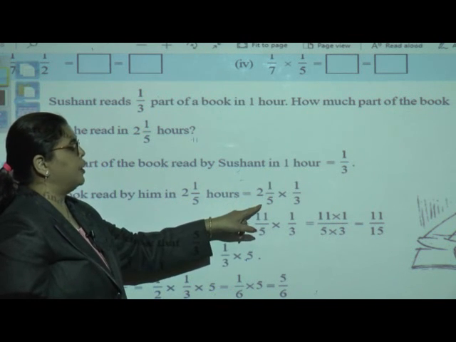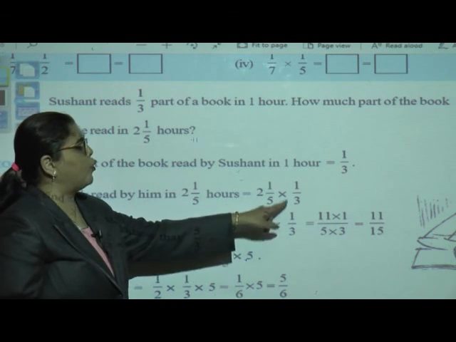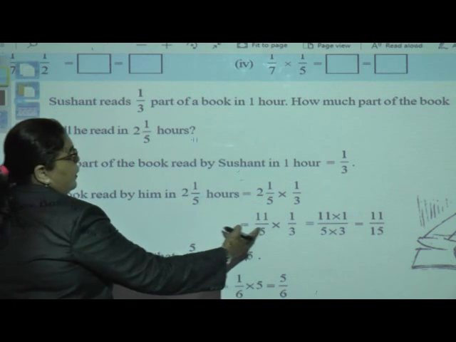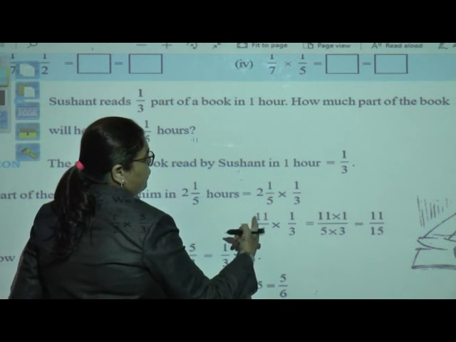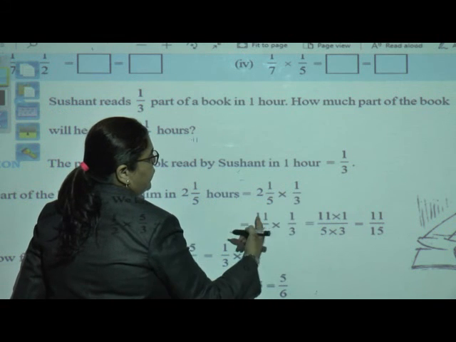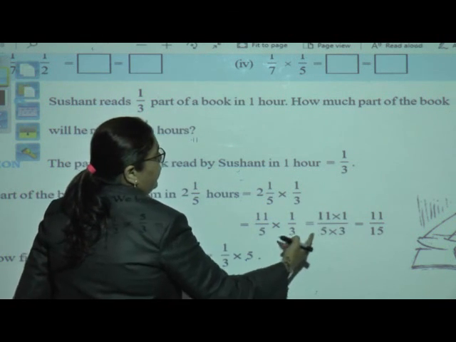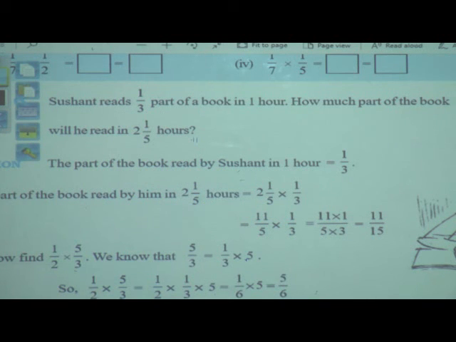Write the denominator as 5. We will write 5 multiplied by the fraction. Is it possible to reduce? No, it is not possible to reduce. So we multiply numerator to numerator, that is 11 1s are 11 and 5 3s are 15. Now we got 11 upon 15.